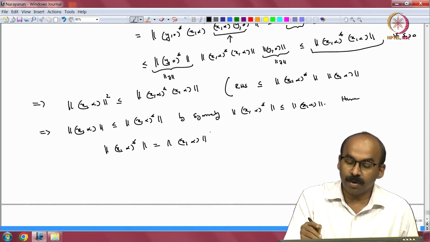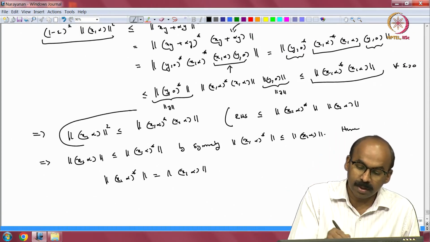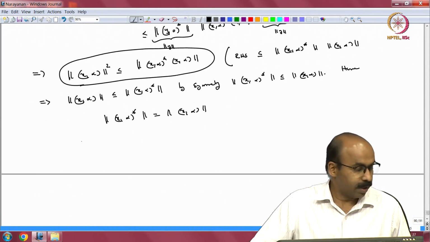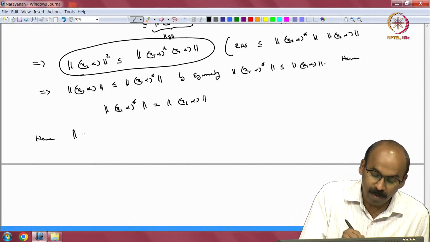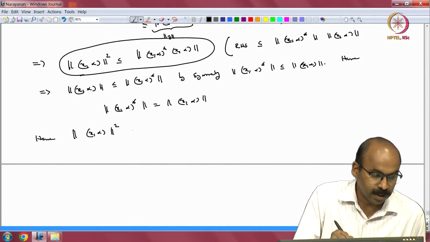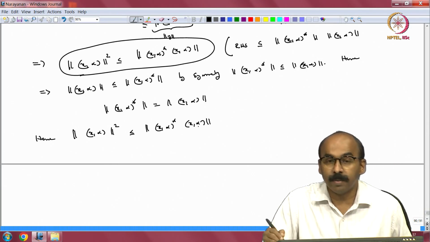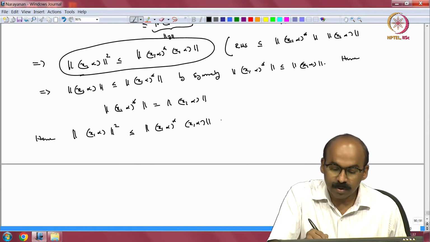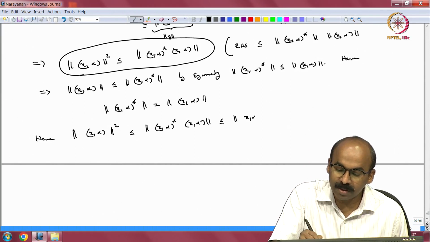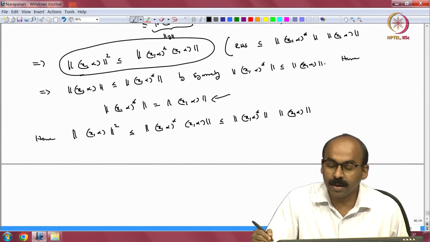Okay, so this is still not quite the C star identity, we have to use this once more. So, norm of x alpha square is less than or equal to norm of x alpha star x alpha. Here I can use the Banach algebra property, so let me write down norm of x alpha star times norm of x alpha, but then we have just proved that the adjoint does not change the norm.